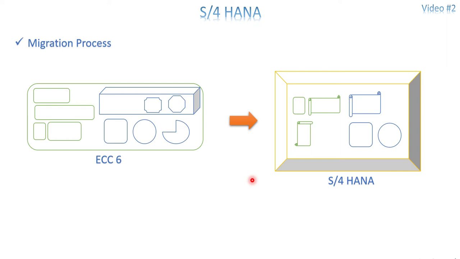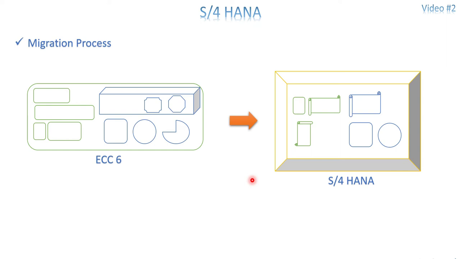Here S4 HANA is in a digital transformation era, so they have to work with particular digital information for their product. That's why the migration is a little different compared to 4.7 to ECC.